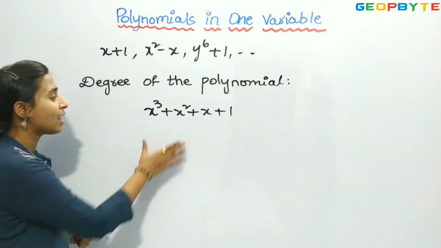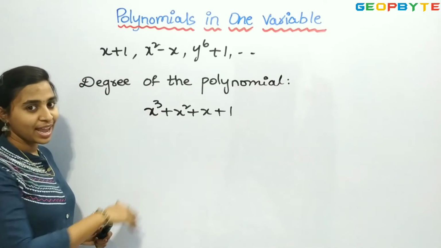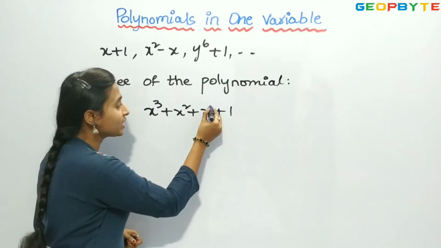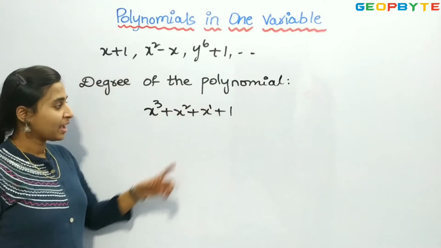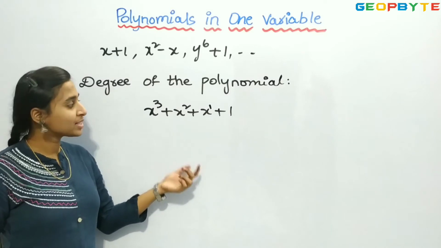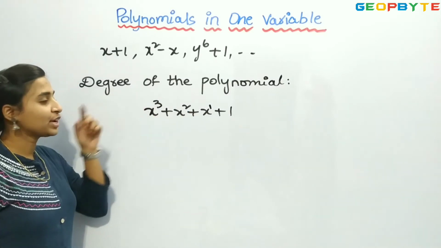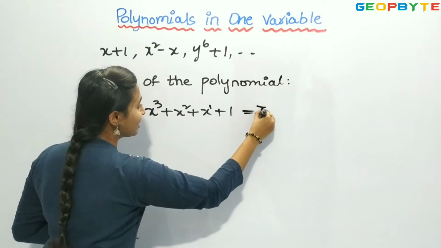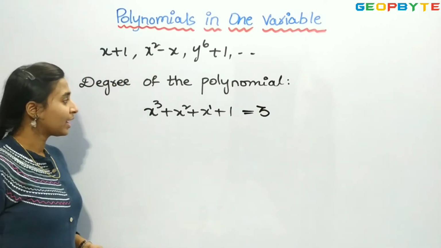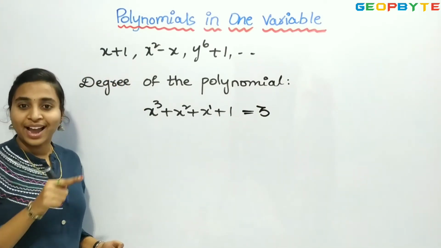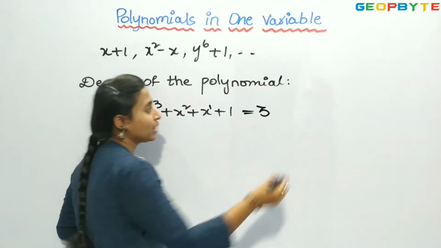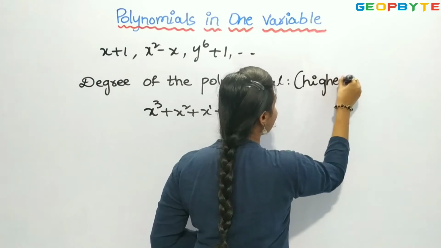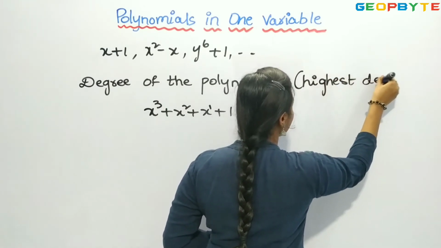Our variable in this is x. Now, what is the highest degree here? For this x, we have x power 1, x square, x cube. So, here my degree of the polynomial will be 3. We need to find out the highest degree of the polynomial.